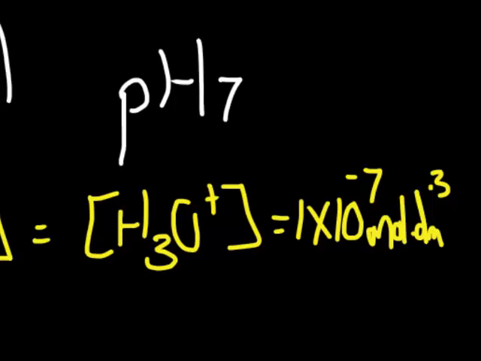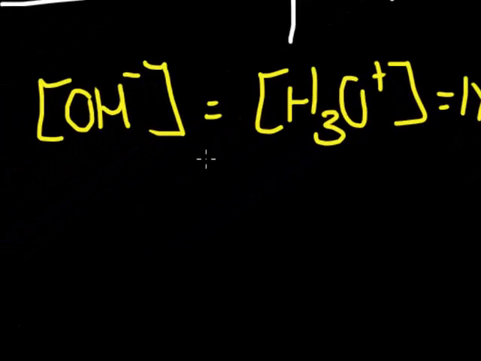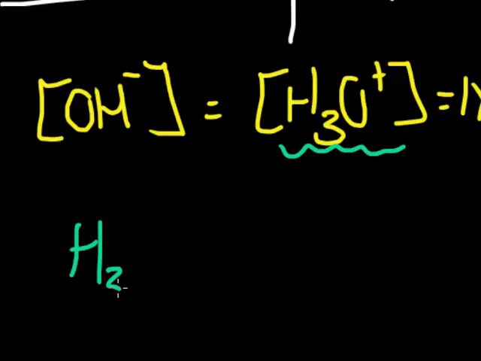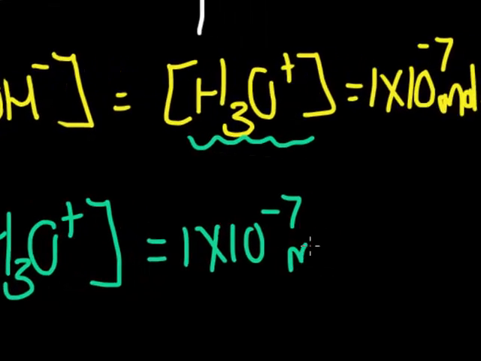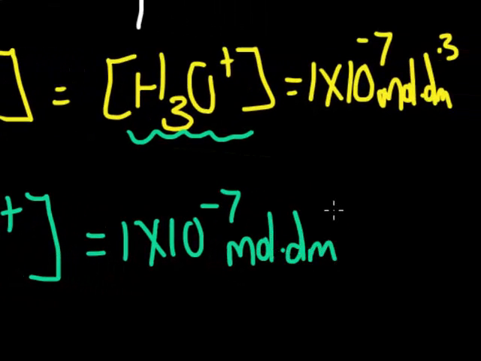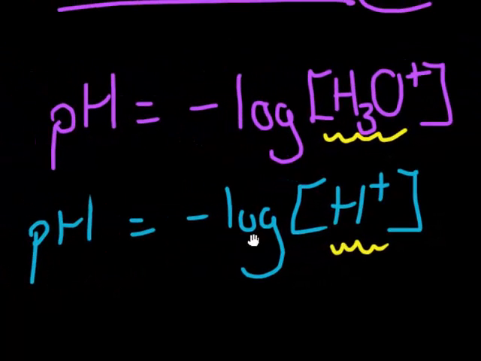So that means, seeing that I want to calculate my pH, and I'll need the hydronium ion concentration only, for a neutral solution, you will always have your hydronium ion concentration equal to 1 times 10 to the power of negative 7 mole per cubic decimeter. So I suggest you punch it into your calculator using negative log, and then you put in 1 times 10 to the power of negative 7, and you realize you end up with a pH then of 7.